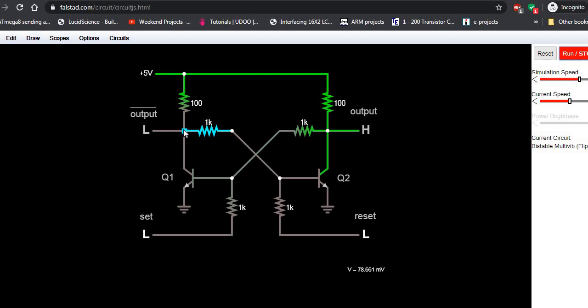Output is also approximately 0. So only when we apply the triggering impulse, when we make set equal to 1, output equals 1, which is the nature of the SR flip-flop. Similarly, if you make reset equal to 1, output is supposed to be 0. Yes, with reset pin equal to 1, output is brought back to 0, right?